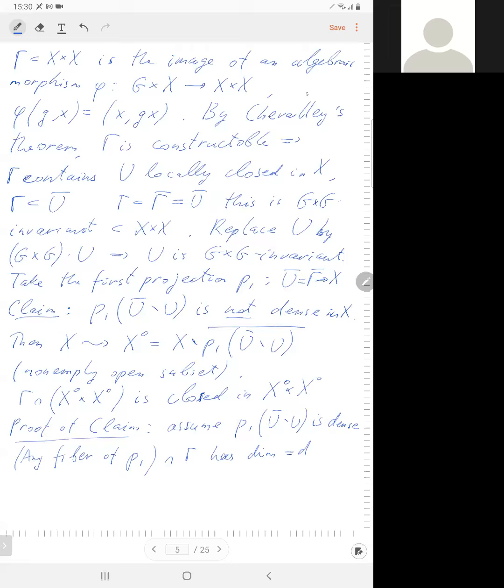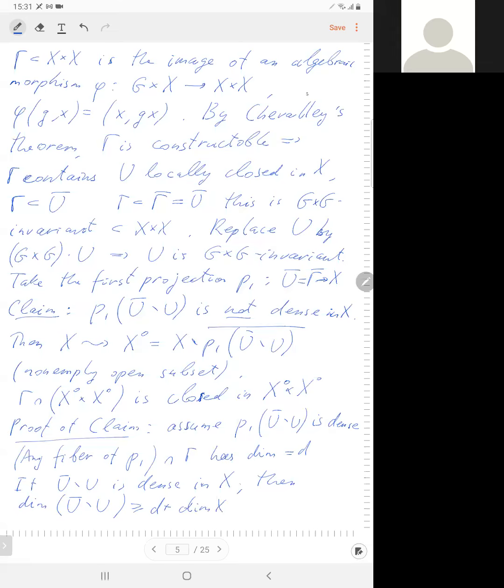Okay. So if U bar minus U is dense in X, then the dimension of U bar minus U is at least d plus the dimension of X, right?